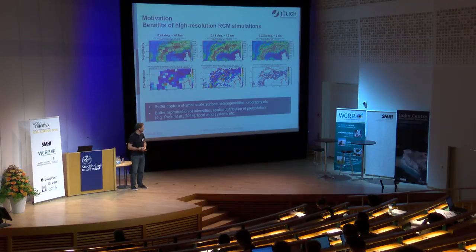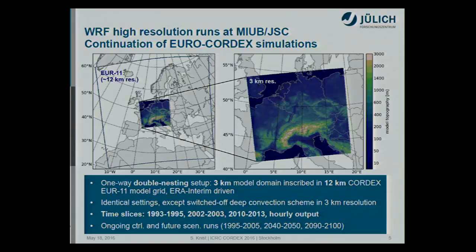And for our runs, we use a mesh size of 3 kilometers, and this is what our domain and setup look like. So with our 3-kilometer domain, we cover large parts of Middle Europe, and this domain is directly nested in a EuroCORDEX domain with 12-kilometer resolution.